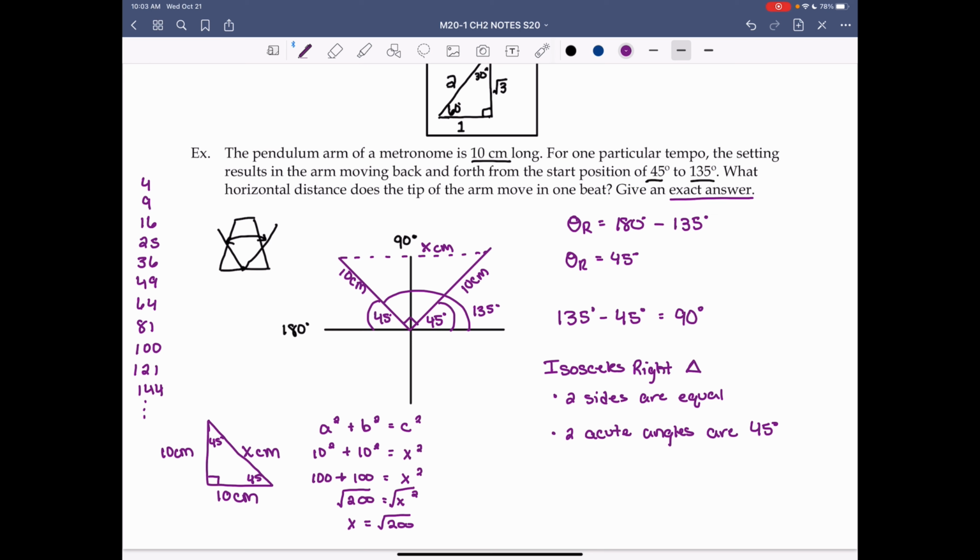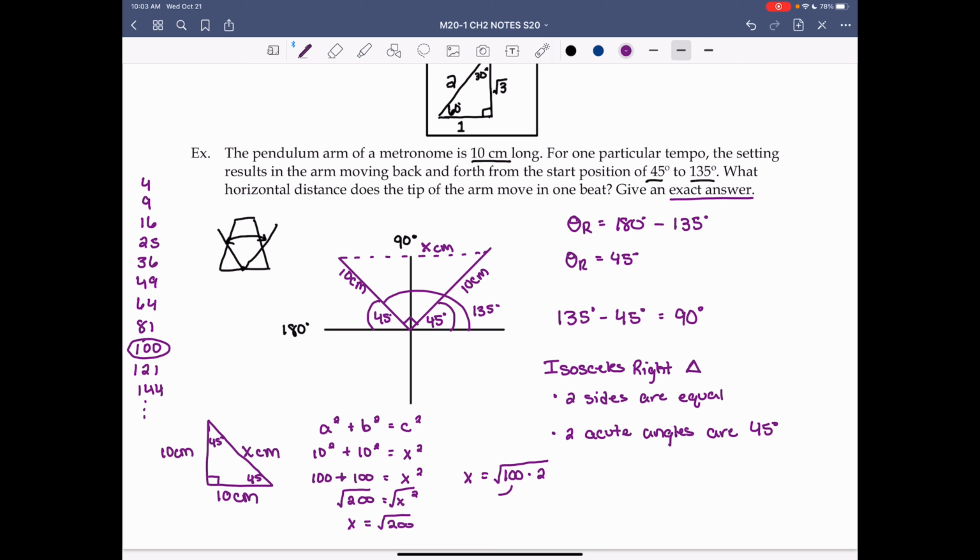The number that divides it could only be at most half of 200, which is 100. And if we look in our list, 100 is a perfect square, so that would be the number we use. So we get x equals the square root of 100 times 2.